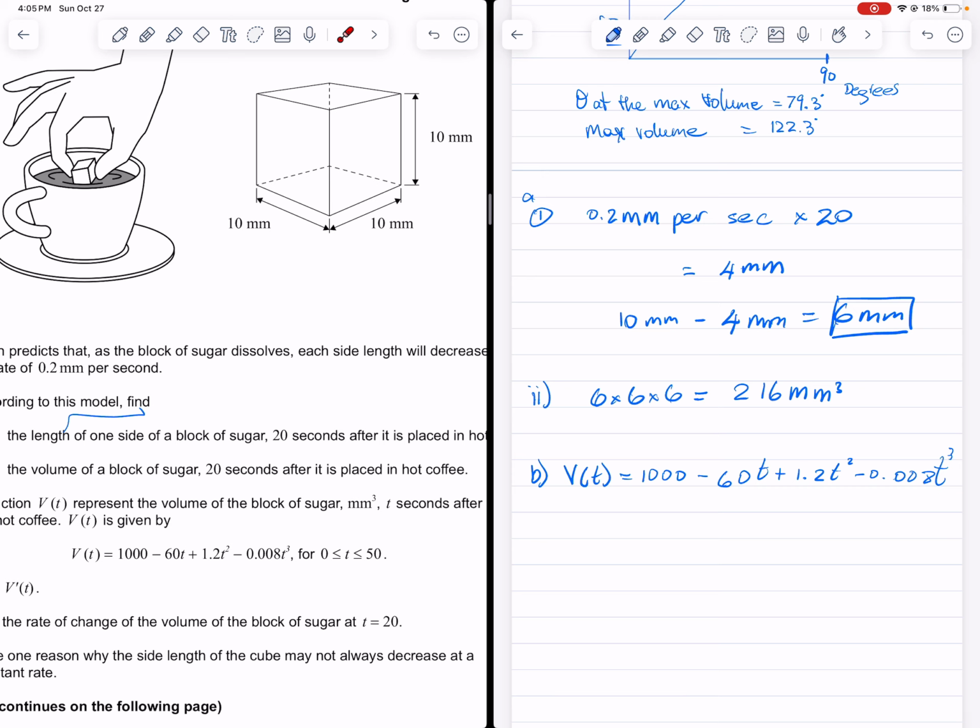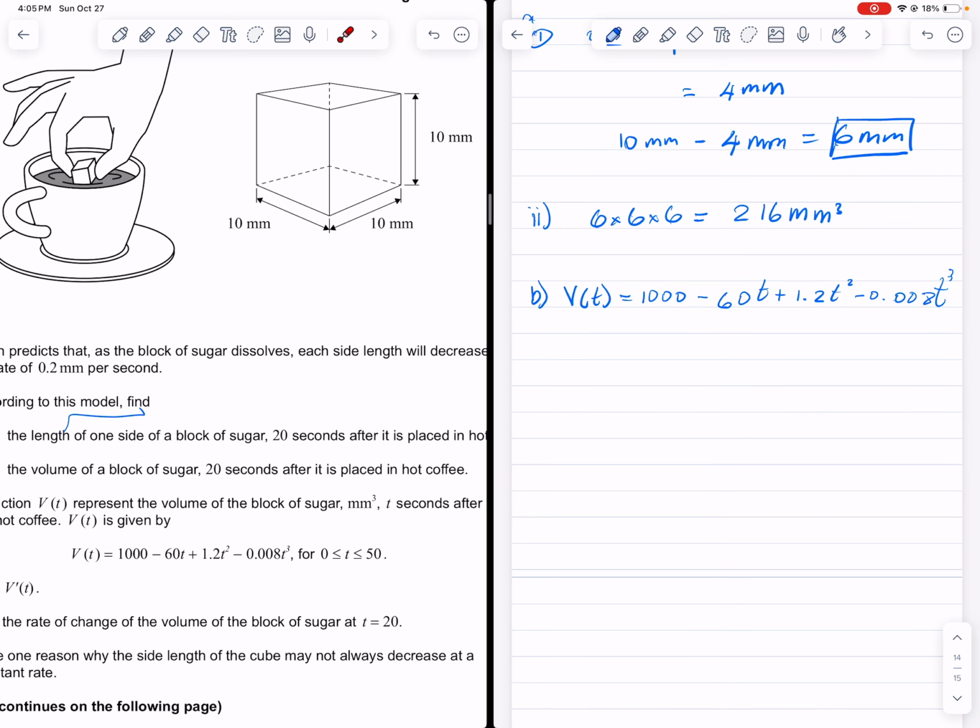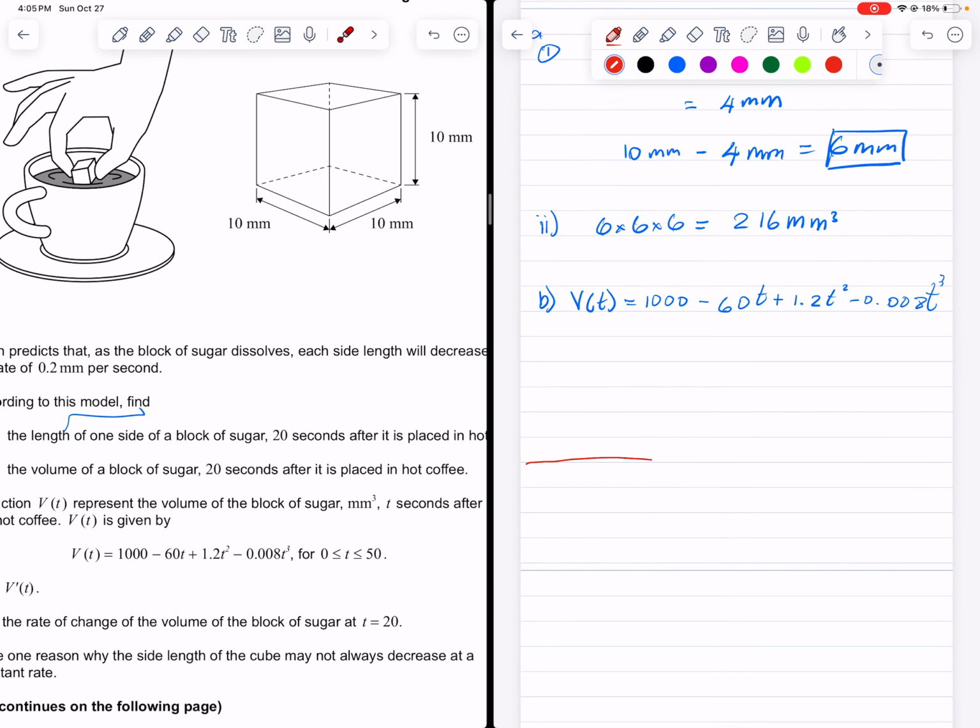So a few reminders in order to differentiate, just in case we don't know how to do this. If you're asked for the derivative, or you're asked to differentiate, or you're asked to find V prime of t or dV over dt, all of these are the same question.